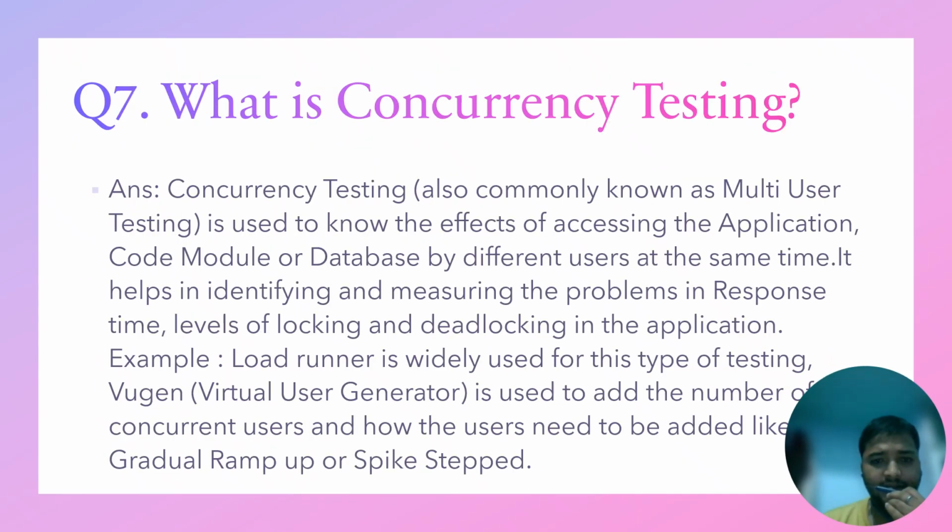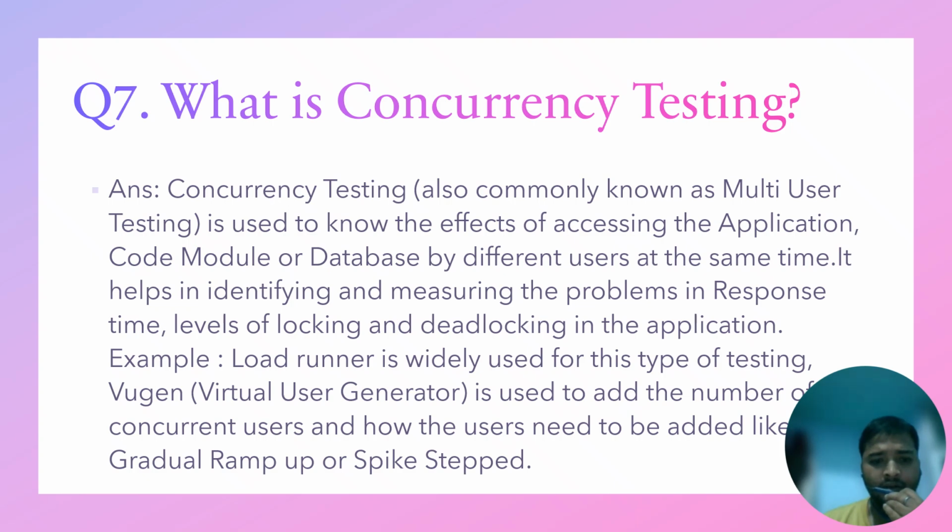What is concurrency testing? Concurrency testing, also commonly known as multi-user testing, is used to know the effect of accessing the application code, module or database by different users at the same time. It helps in identifying and measuring problems in response time and level of locking in the application.